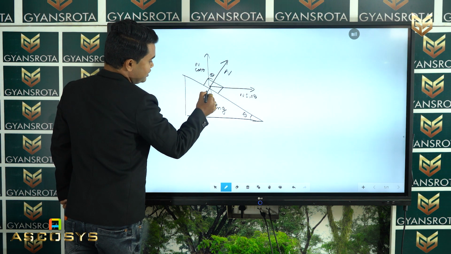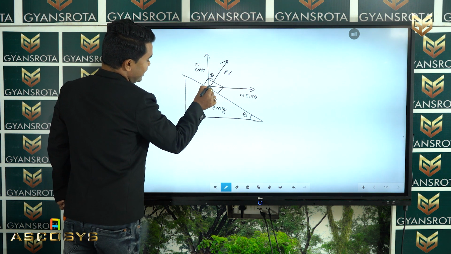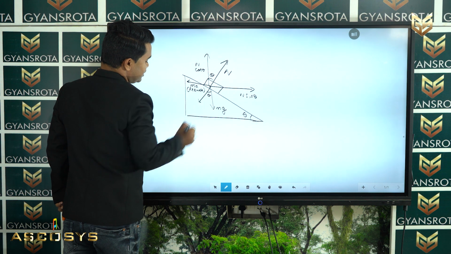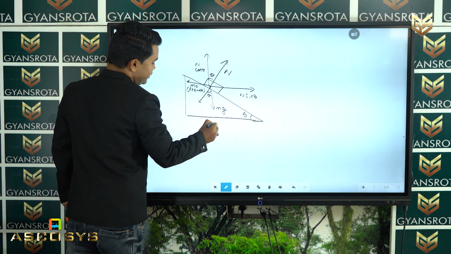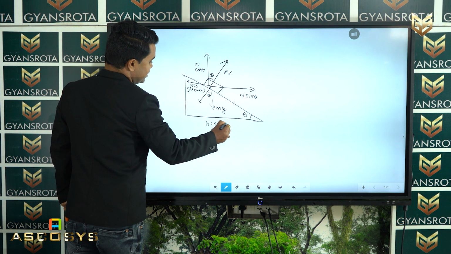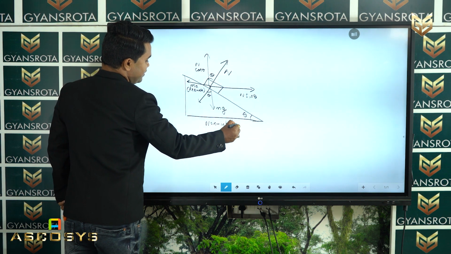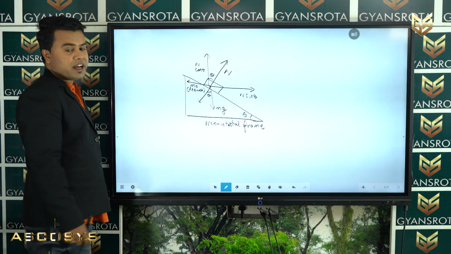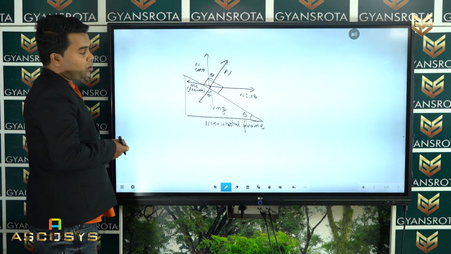If this is theta, this one will also be theta, and this one will be ma, that is your pseudo force, right. It's in non-inertial frame. So this is the block diagram, where all the components are given.